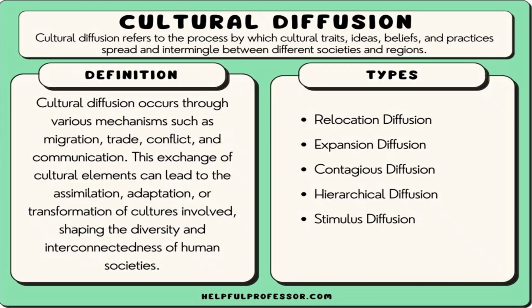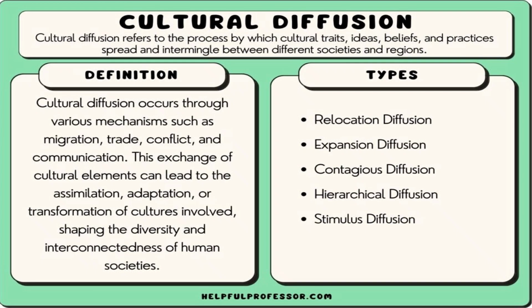Now, cultural diffusion. Cultural diffusion is the spread of elements through various means. Diffusion of culture includes both relocation diffusion and expansion diffusion. Relocation diffusion involves only movement of people, while expansion diffusion includes contagious, hierarchical, reverse hierarchical, and stimulus.